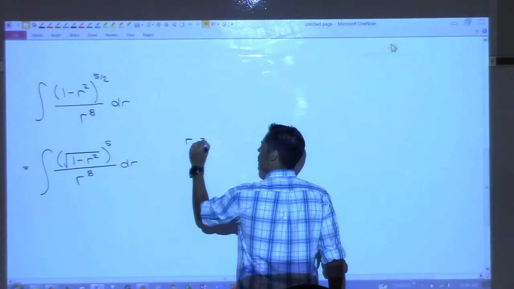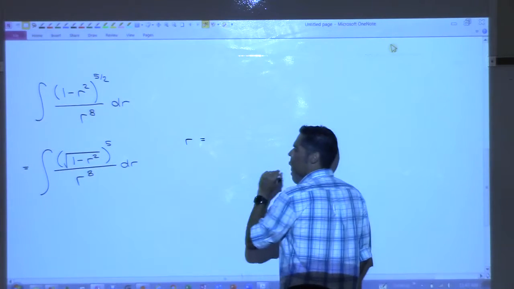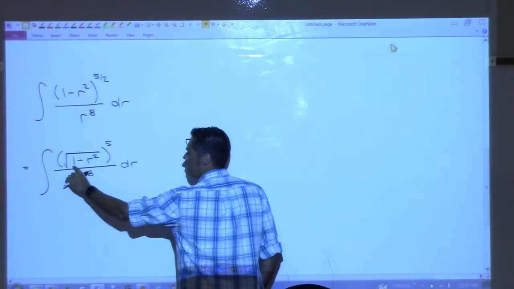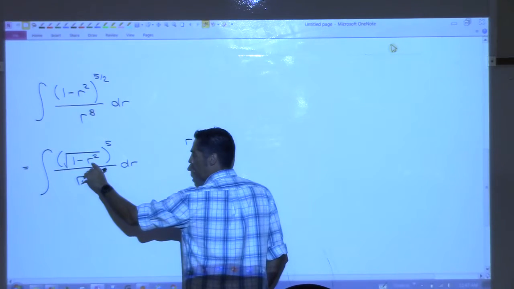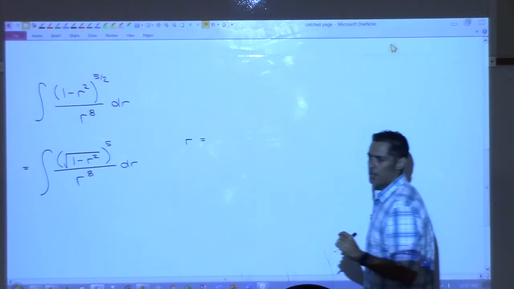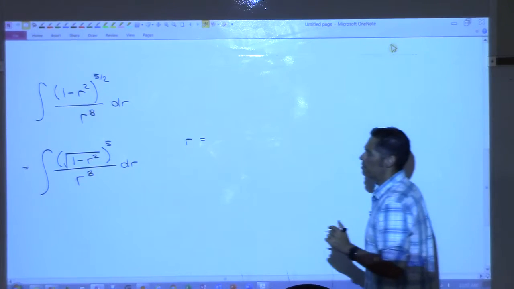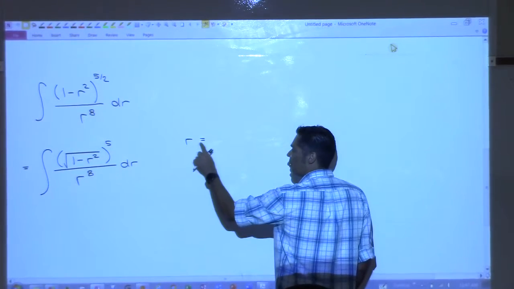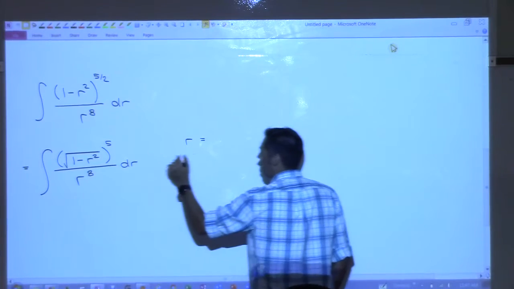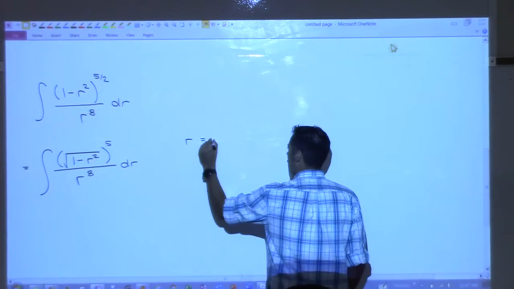So what would my trig sub be? r is equal to... what happens when you have a constant squared minus variable squared? A sine theta. So for us, r is equal to 1 sine theta.